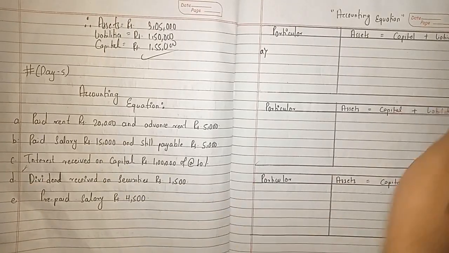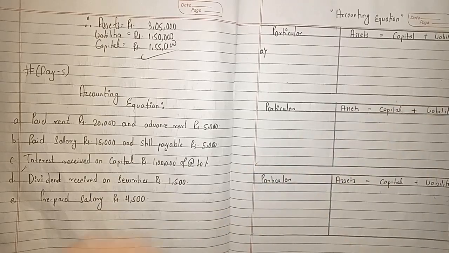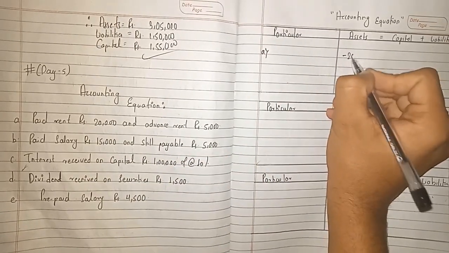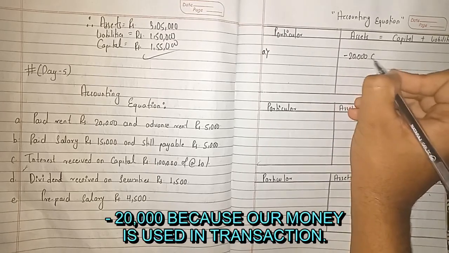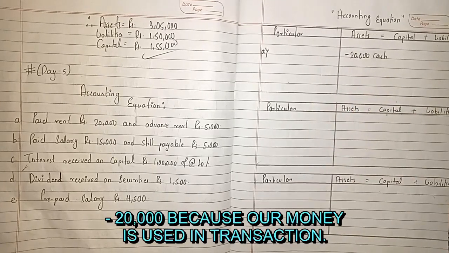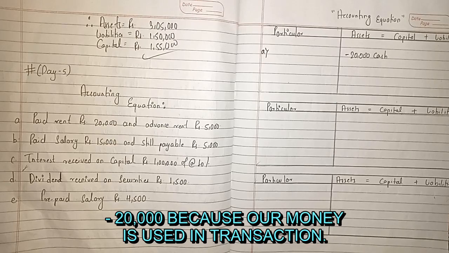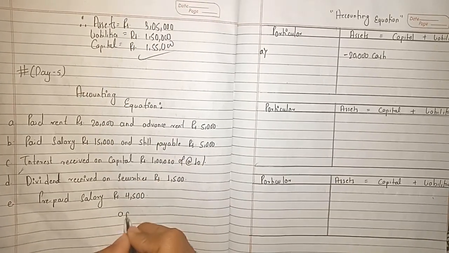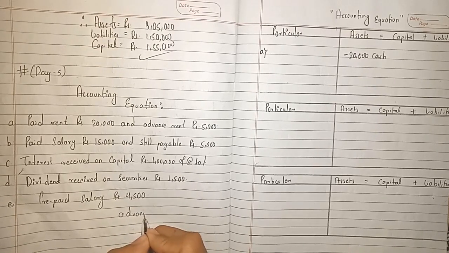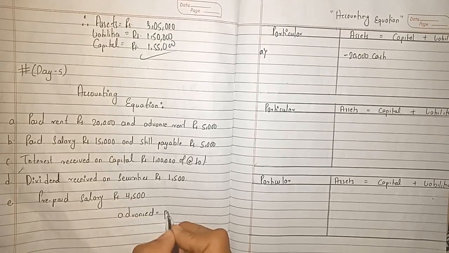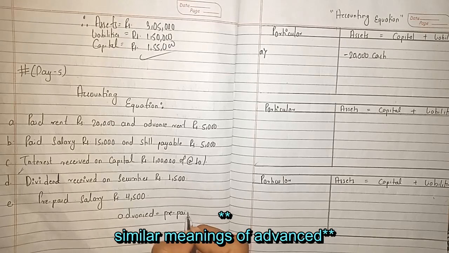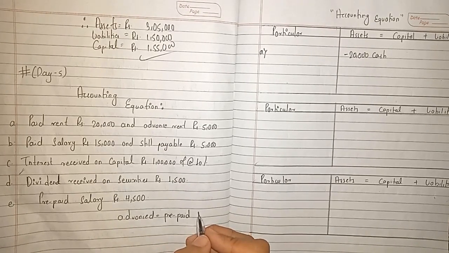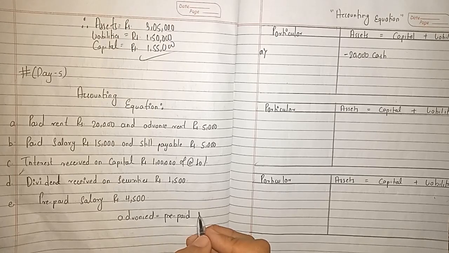Paid rent means we have paid money. How much? Minus 20,000 as cash. And advance rent is equal to prepaid. And we know prepaid always lies in the balance sheet in the assets column.